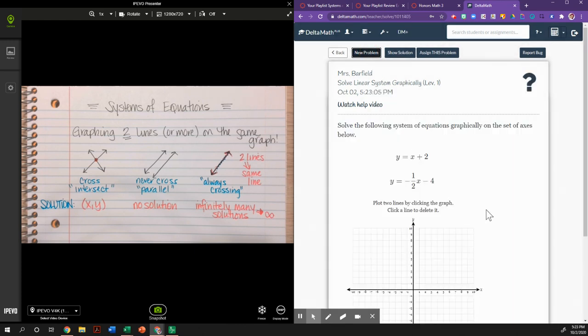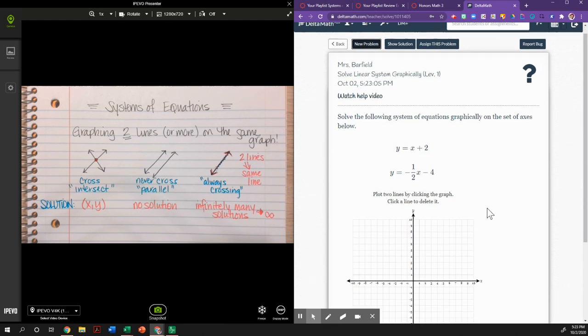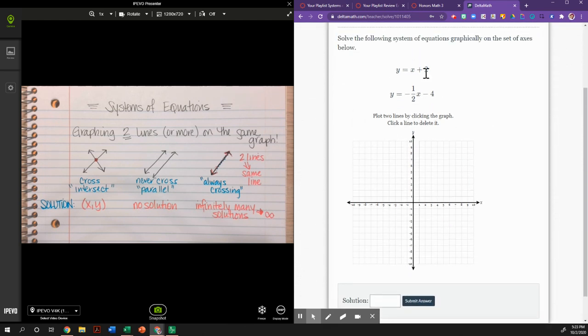It says solve the following systems of equations graphically on the set of axes below. So y equals x plus 2 starts at 2, and my slope is up 1 over 1. There's my first line. My second line crosses at -4, and for my slope, I can go up 1, left 2, or down 1, right 2.